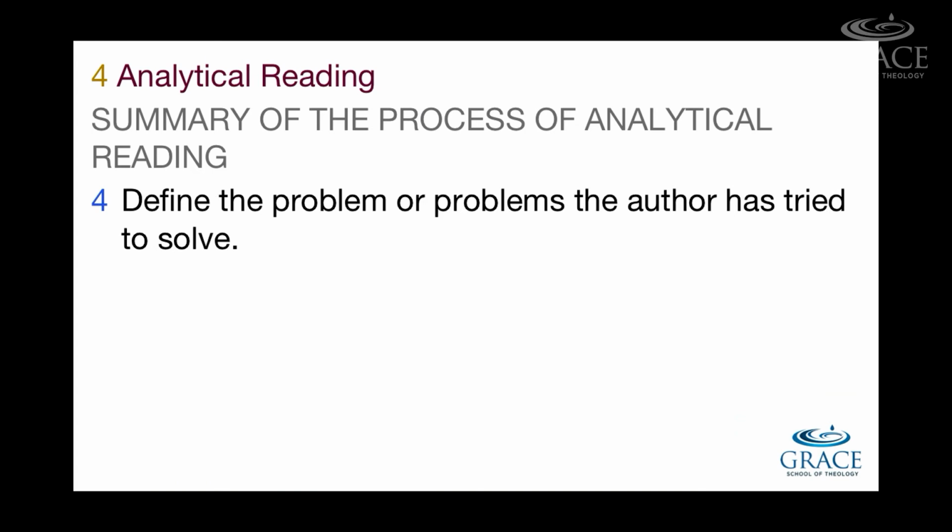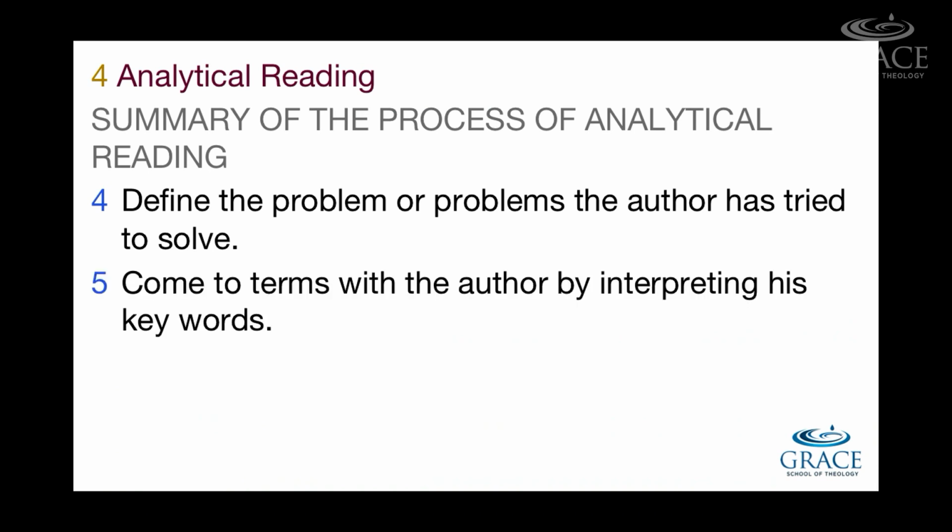Number 4, define the problem or problems the author has tried to solve. Books of the Bible were written at a particular time for a particular reason. Why did the author write this book at this time? Is there an issue he's addressing or something along those lines? Number 5, come to terms with the author by interpreting his key words.